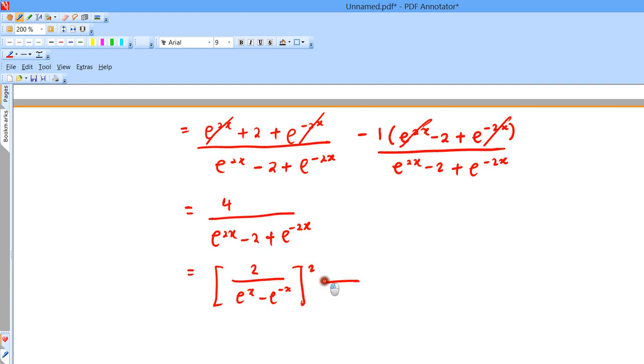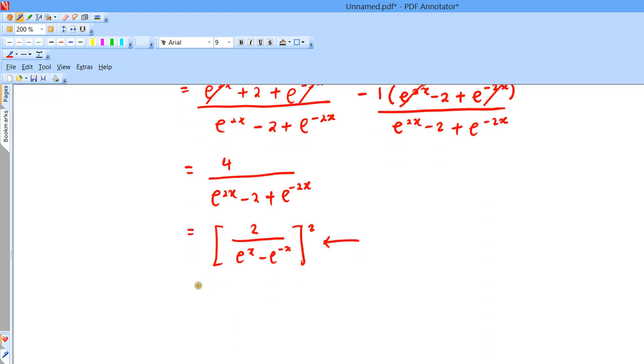If you square this term, you will get 4 over e power of 2x minus 2 plus e power of negative 2x. So equal to hyperbolic cosecant square x, equal to right hand side.